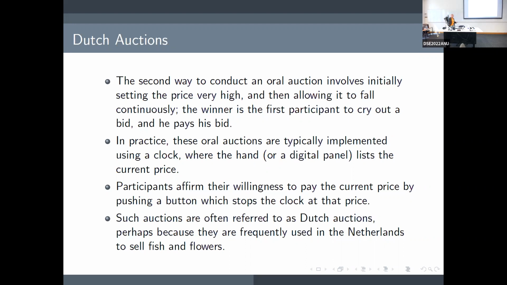You shave your bid. And the amount you shave your bid depends on basically two things. One is how many competitors you face. And typically at a Dutch auction, that's easy to verify because you're all in the same room. And the other is the shape of that valuation distribution. If that valuation distribution is really compact, then you're not going to shave very much. If that is really wide, you're going to shave a lot.